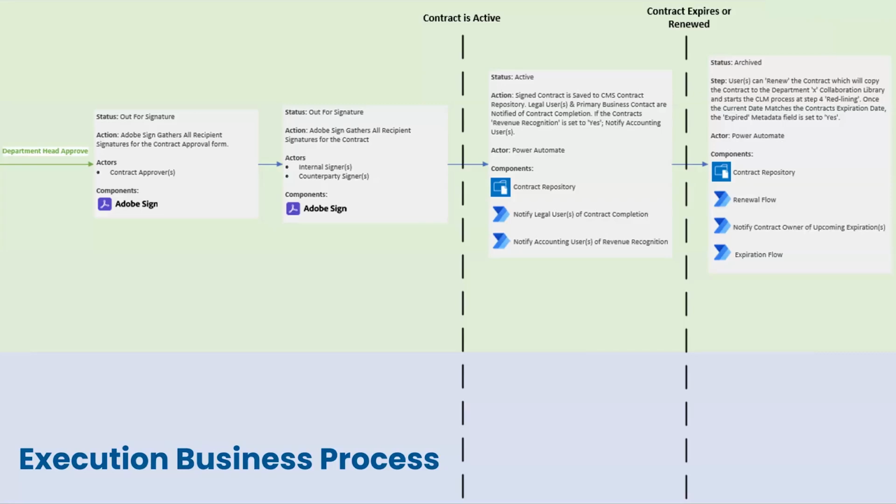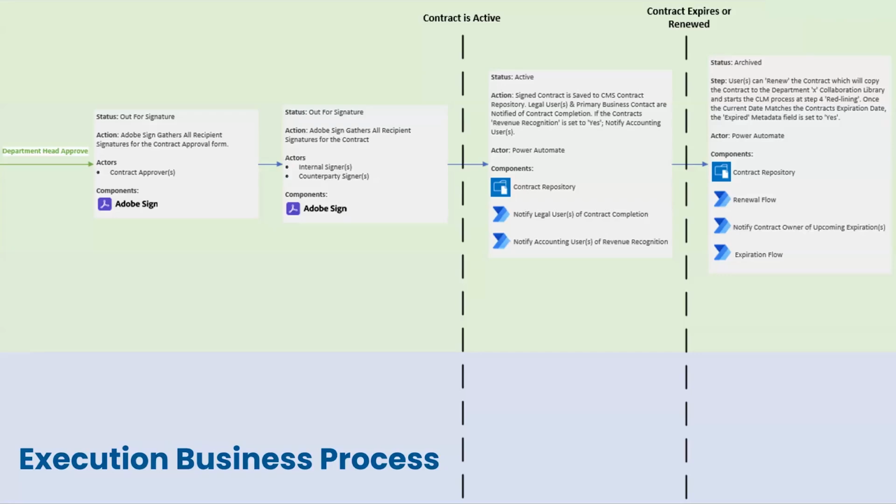Finally, after a certain amount of time, an active contract will eventually become inactive or archived, in our case 60 days. Before this date is met, it notifies the contract owner that this contract will soon be marked as inactive, and they either need to renew it or prepare to be without it. If no action is taken after 60 days, it moves the contract to the archived contract repository.